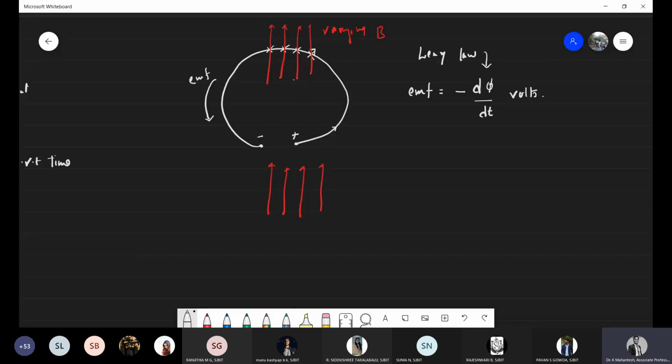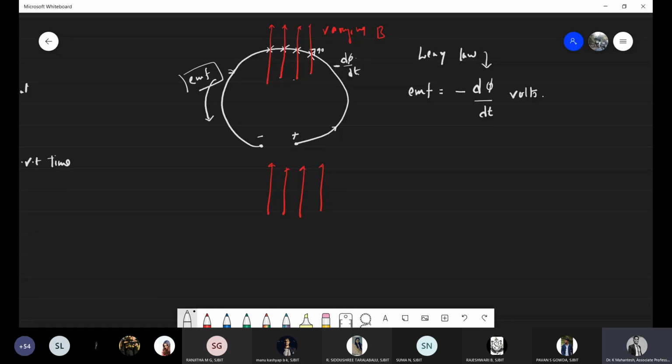And these flux lines intersect in such a way that the rate of change of flux, varying magnetic field meaning it varies with respect to time, d phi by dt, cuts the flux in such a way that it will generate an EMF on the loop.